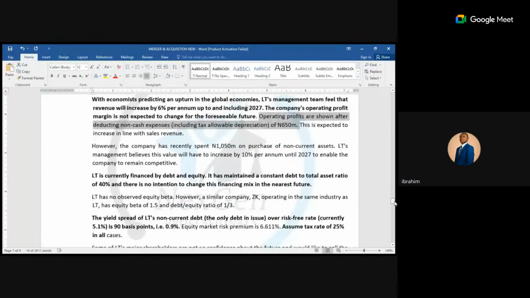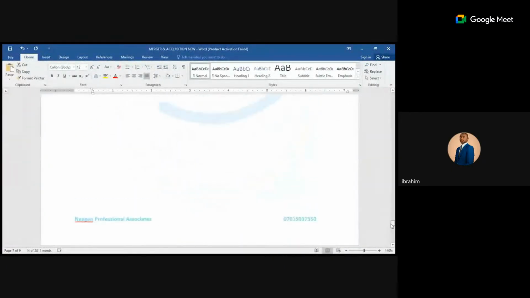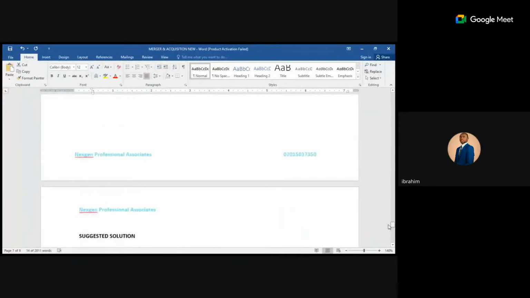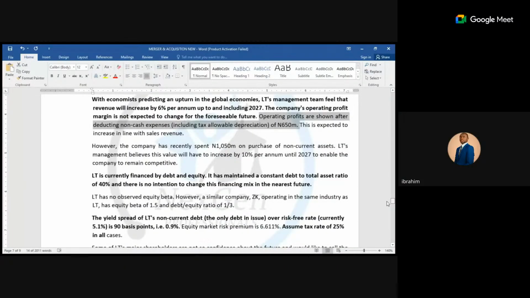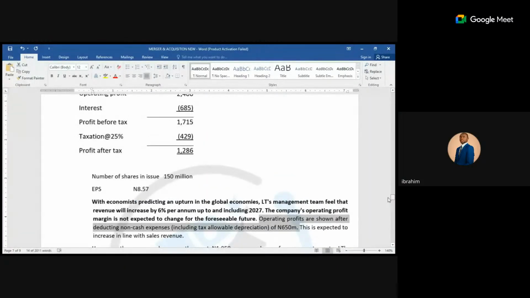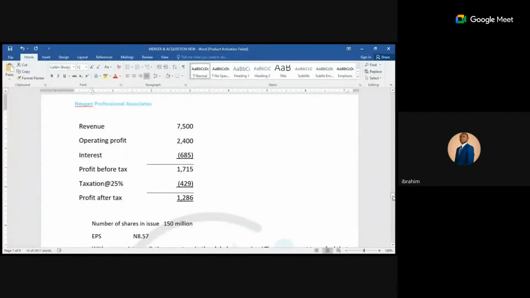So, did they mention anything about interest? No interest. You can see that there is no information about interest, whether the interest will increase in line with revenue. It wasn't mentioned, so we have to ignore it, meaning that they've paid the interest that year and it will not increase.